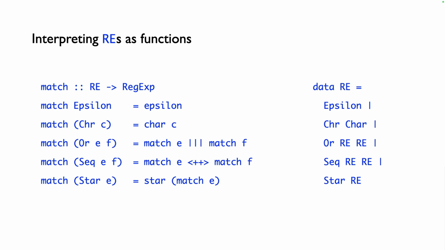So given we've got the data representation, we're able to do that recursion, and that allows us to define a function that explicitly matches these REs. So we can get all that we had with the functional representation.